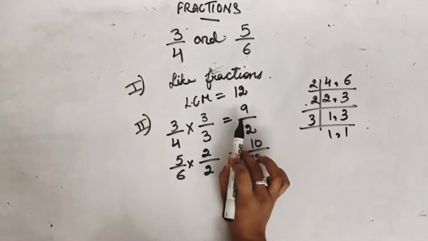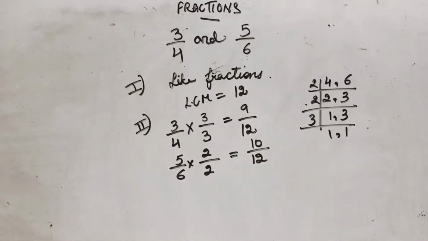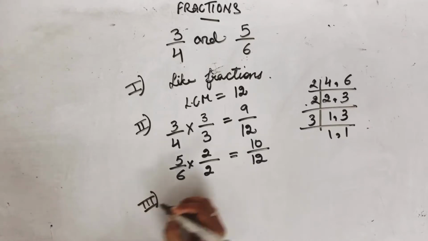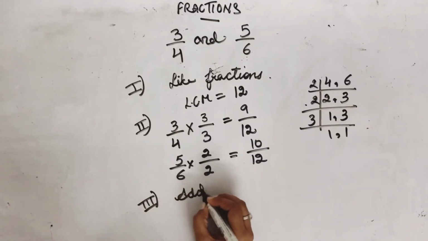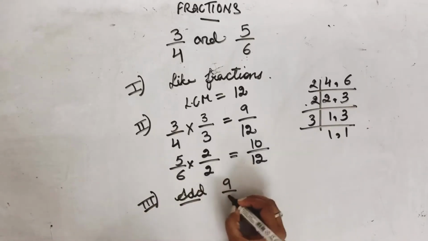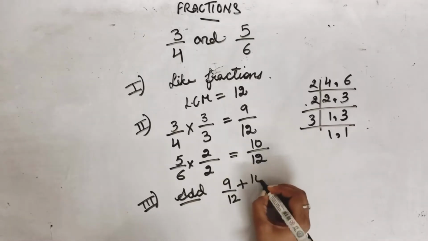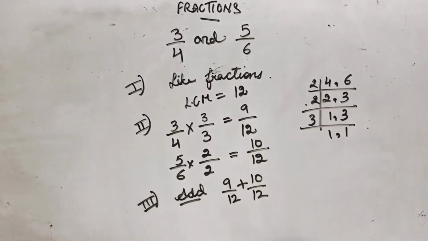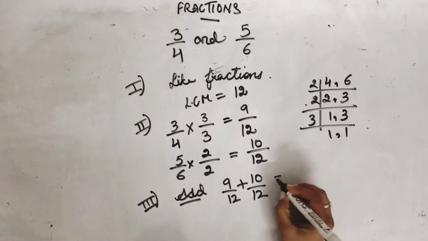Now you have two like fractions. You can add and subtract them by the previous method I told you. Now third step. Let's say first you have to add them. The 9 by 12 plus 10 by 12. Now denominators are same.